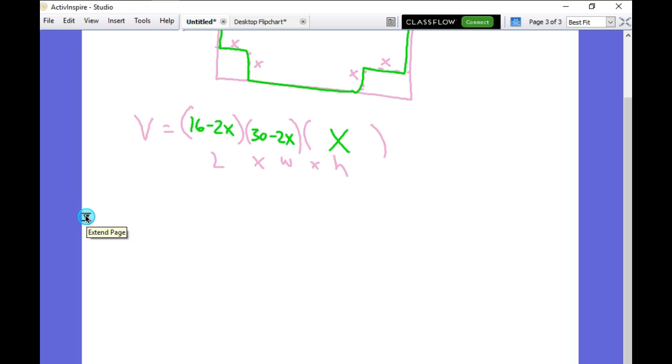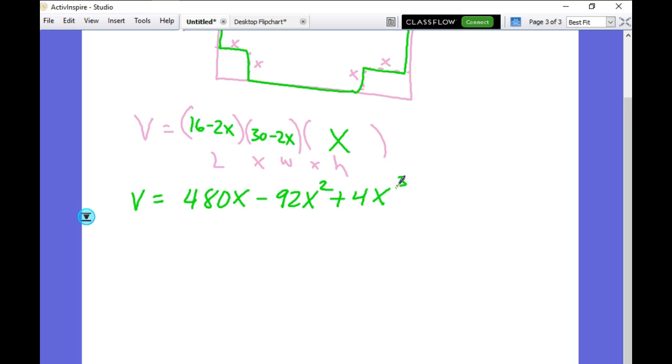All right, so I'm going to skip a lot of the tedious stuff here just so you can get the main idea, and I'll bring this problem home at this point. What you would do here is FOIL this and distribute the x. If you did that, you would get 480x minus 92x squared plus 4x cubed.